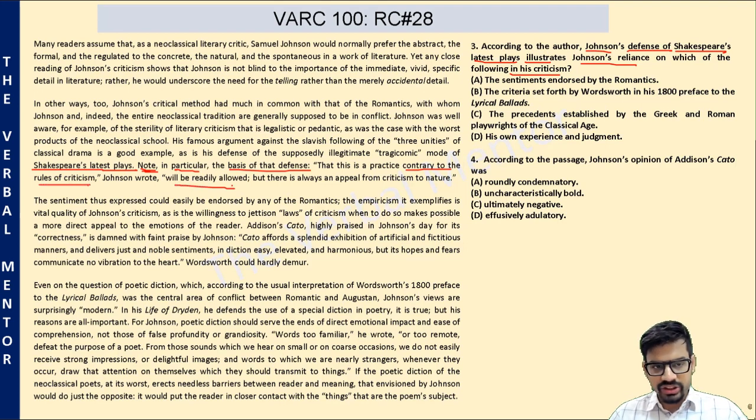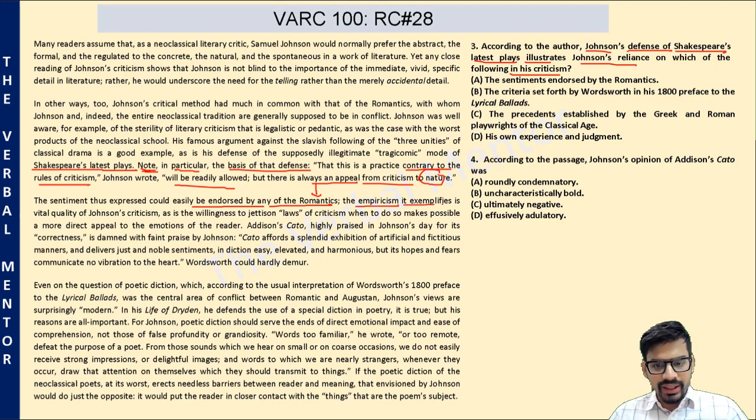So he accepted that Shakespeare's work is contrary to the rules of criticism, but there is always an appeal from criticism to nature. The sentiment thus expressed could easily be endorsed by any of the romantics. So basically, romantics also were in favor of such a viewpoint.